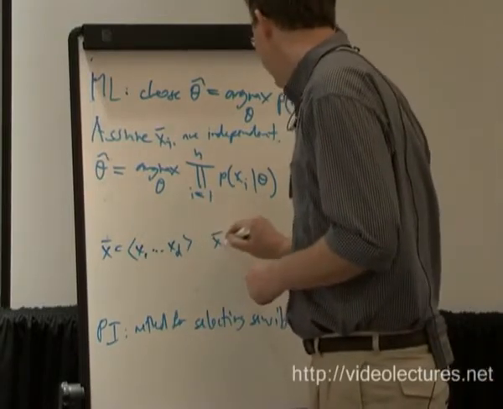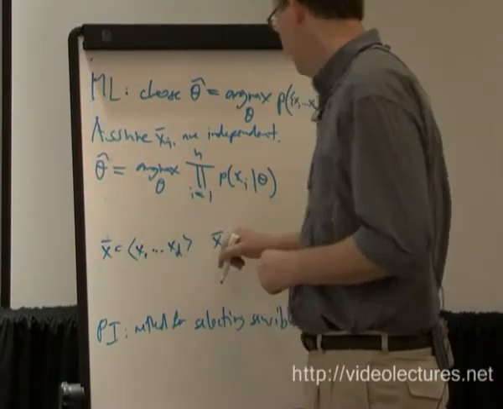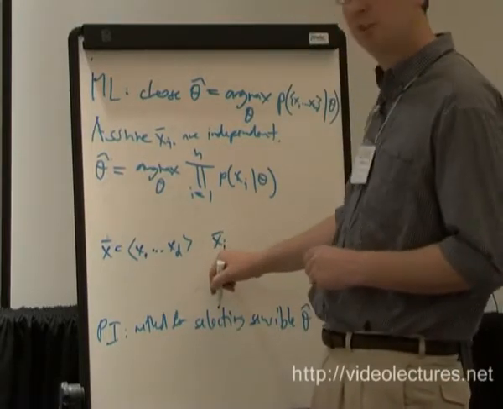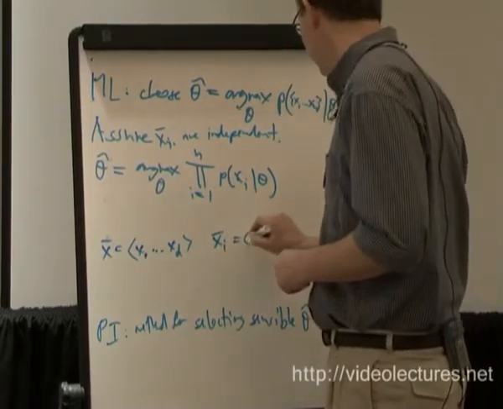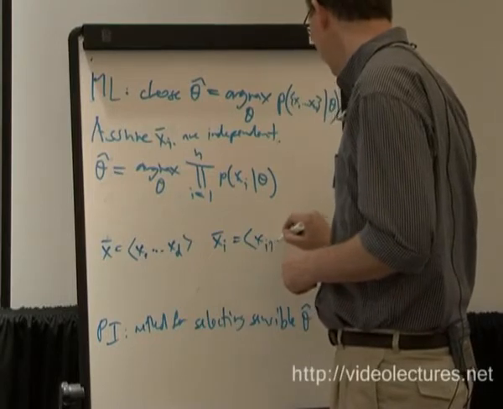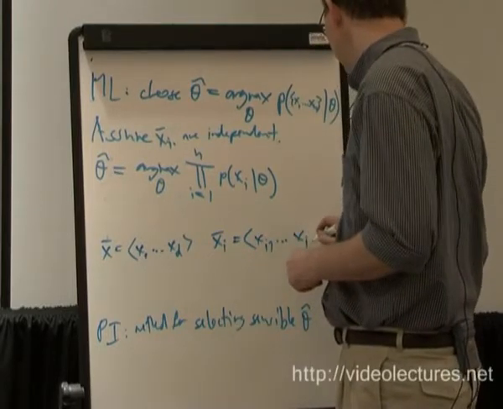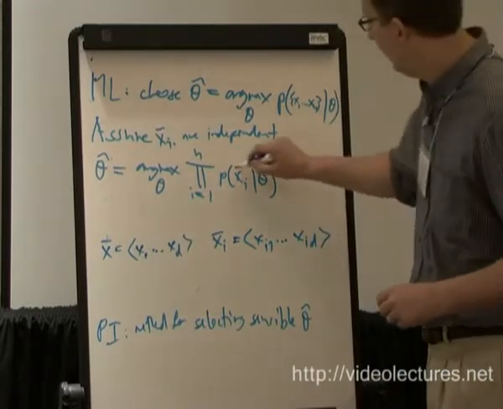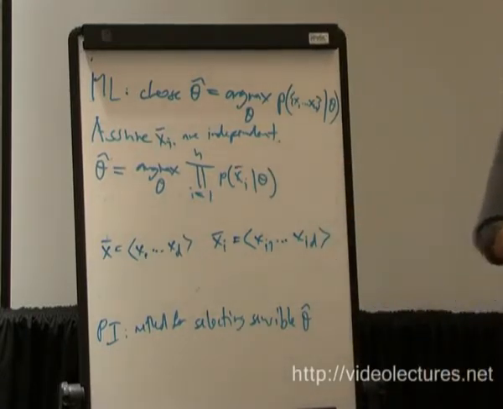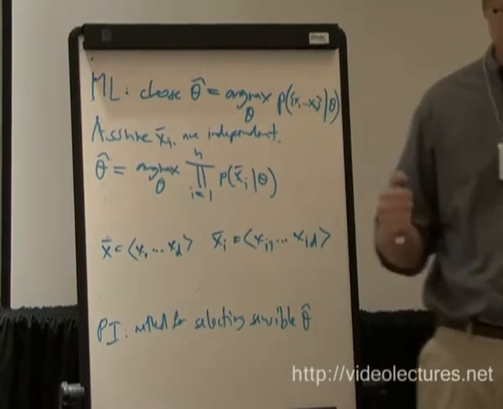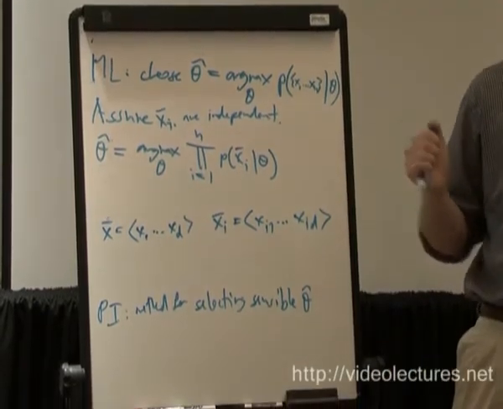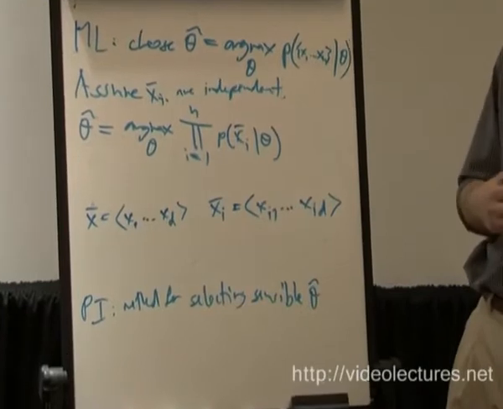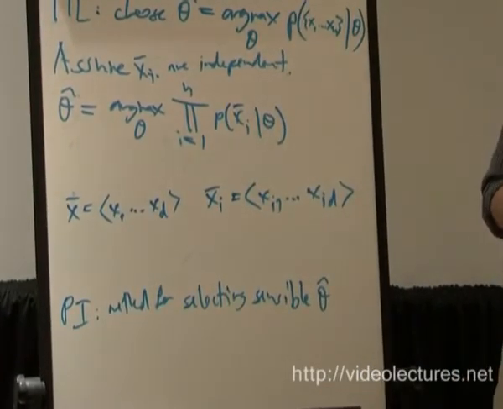And then if I am talking about more than one example, I'll call that x bar i. And then this is going to be xi1 up to xid. So here, these x's are whole examples. So the question is, what's a realistic scenario where the training examples x bar would be independent, and a realistic scenario where the training examples x bar would not be independent?